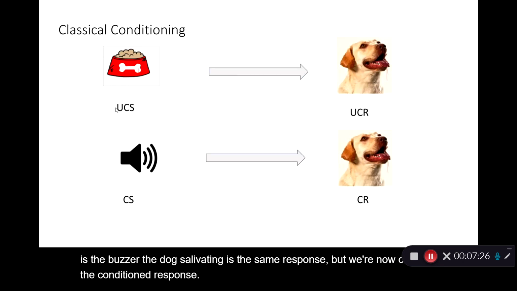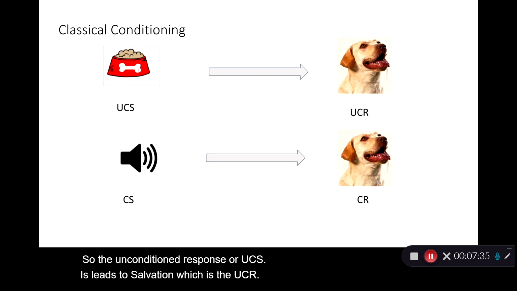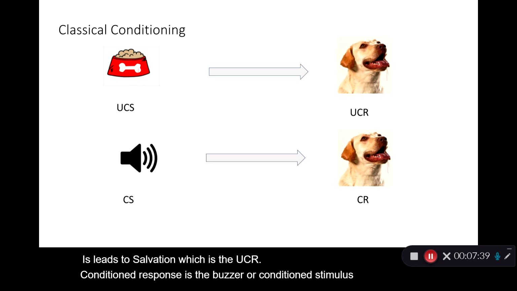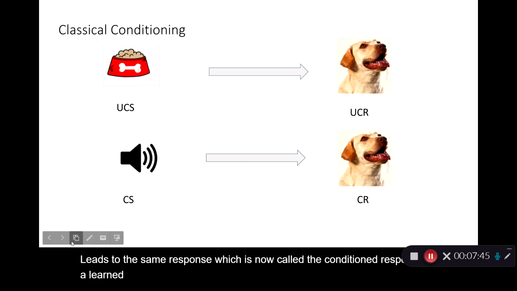So the unconditioned stimulus, or UCS, leads to salivation, which is the UCR. The conditioned stimulus, the buzzer, leads to the same response, which is now called the conditioned response. It's a learned response to that buzzer.